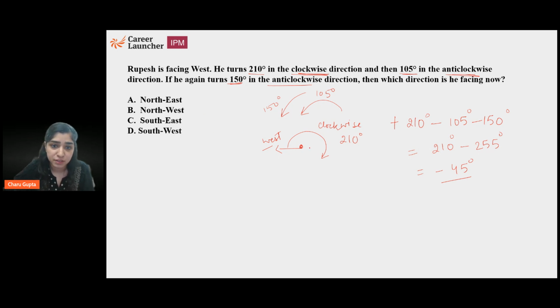Okay, so Rupesh is now in the anti-clockwise direction from his initial position at an angle of 45 degrees. So that means he was here at this point facing west. He is now here, 45 degrees. He is now facing in this direction. And what is this direction? So this is your south direction. So he's facing in southwest.